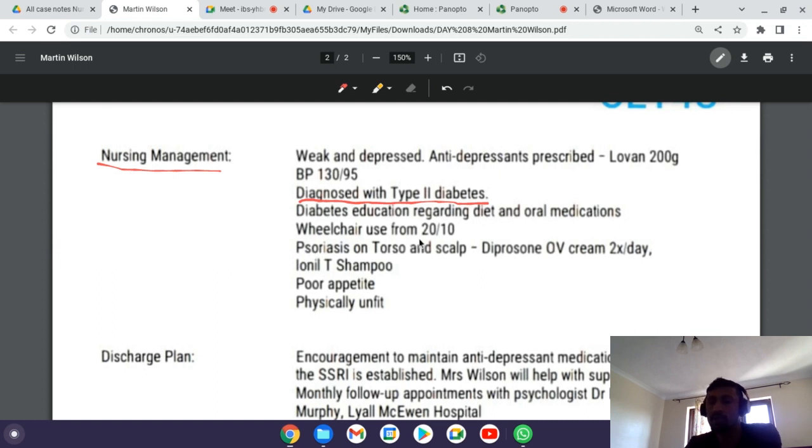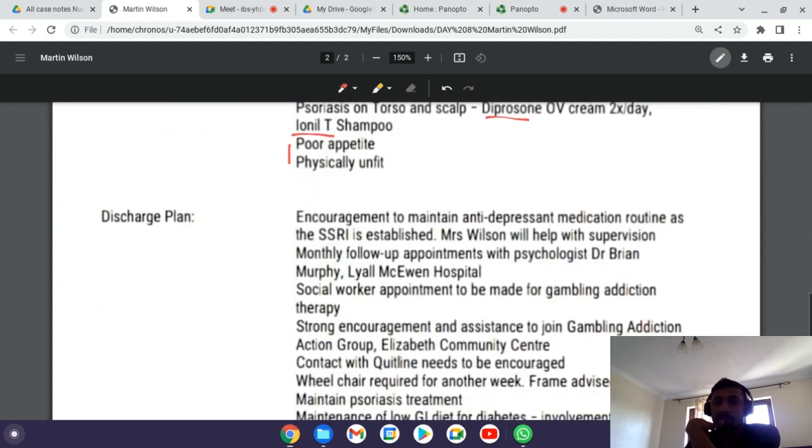Wheelchair use from 2010. Okay. So psoriasis. Okay. So the treatment is Diprosone and shampoo, Ionil T shampoo, and poor appetite, physically unfit. Is that important or not? Okay. So that's fine. Discharge plan.